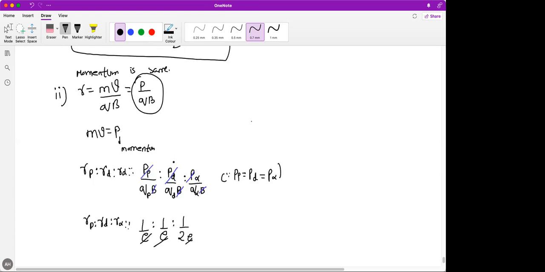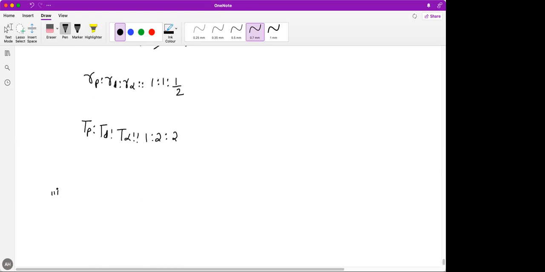Third part. It's same kinetic energy. For kinetic energy, try to convert this expression. R is mv by qB, in terms of kinetic energy.